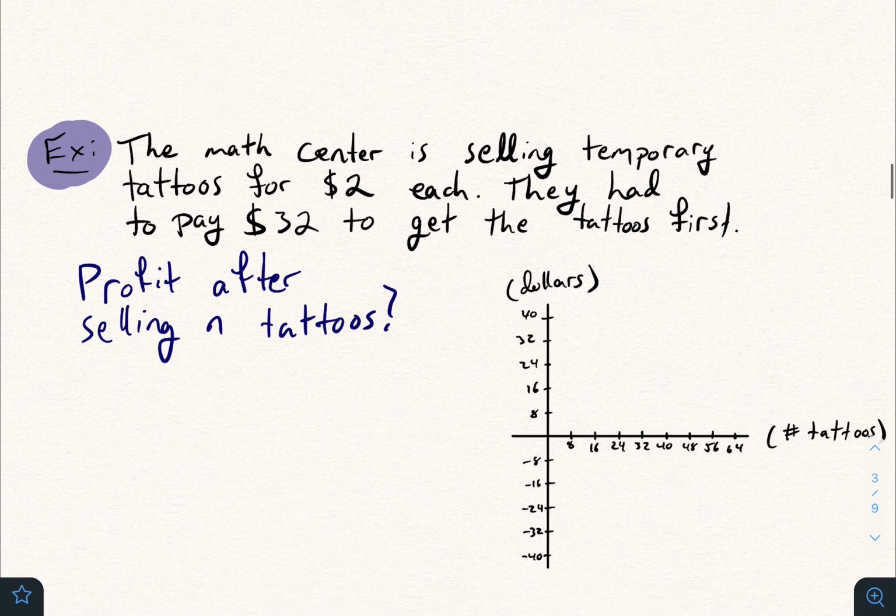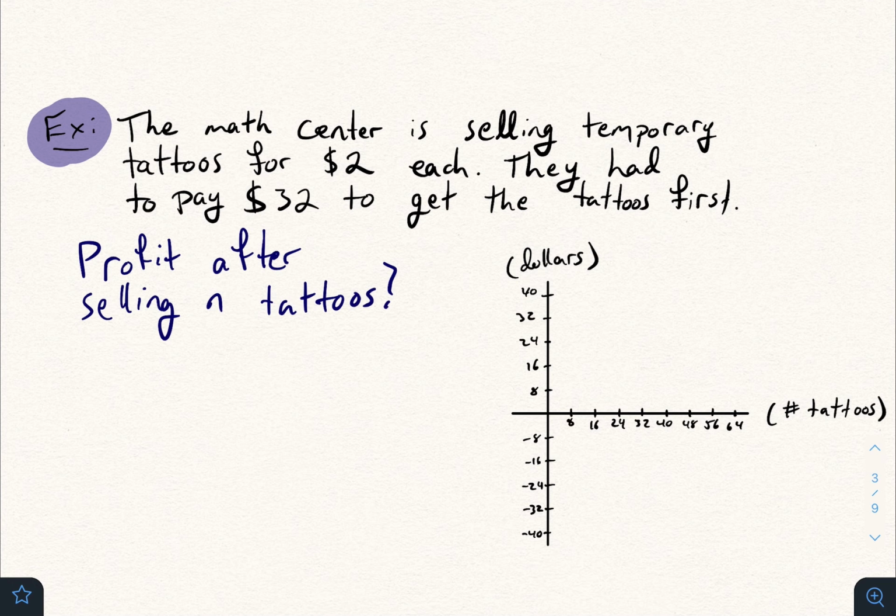Let's do an example with this. The Math Center is selling temporary tattoos for $2 a pop. They had to pay $32 to get the tattoos beforehand, and we want to know the formula for the profit after selling n tattoos, and then maybe we can graph this after. So they're selling them for $2 per tattoo, so if they're selling 5 tattoos, they would make 2 times 5.